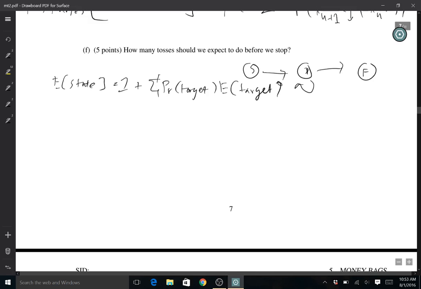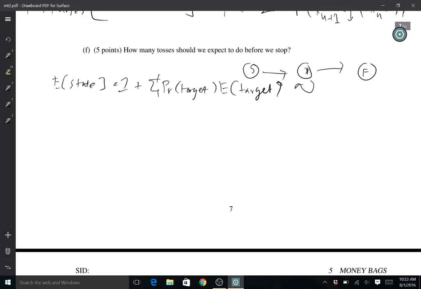It makes sense because the 1 is the step you always need to take when you transition. And then once you transition to a target with a certain probability, you're at that target. So your expected number of steps left would be the expected hitting time for that target.